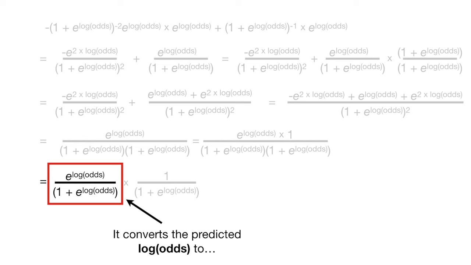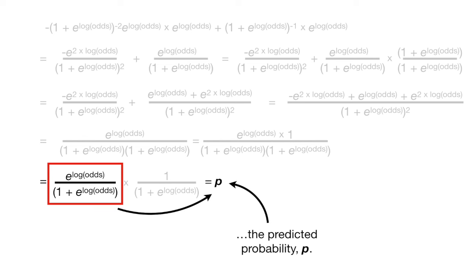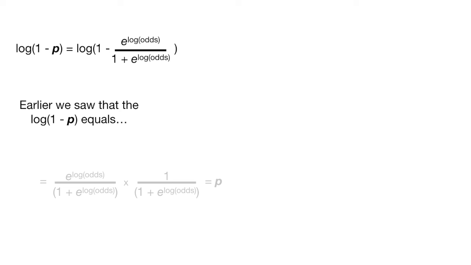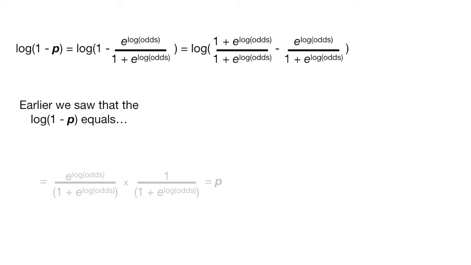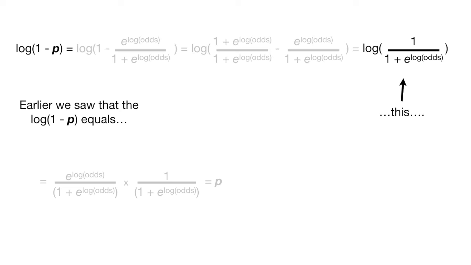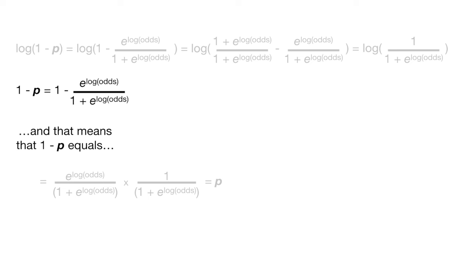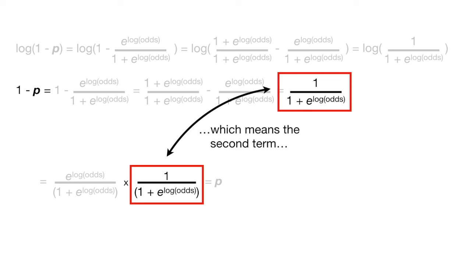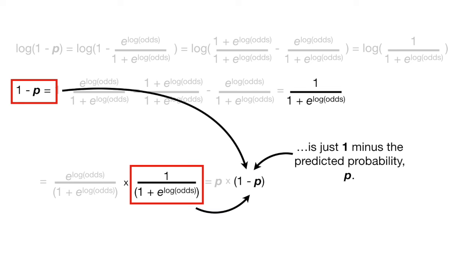At this point, you may recognize the first term. It converts the predicted log odds to the predicted probability, p. The second term should also remind you of something we have seen earlier in this StatQuest. Earlier, we saw that the log of 1 minus p equals this. And that means that 1 minus p equals this, which means the second term is just 1 minus the predicted probability, p.